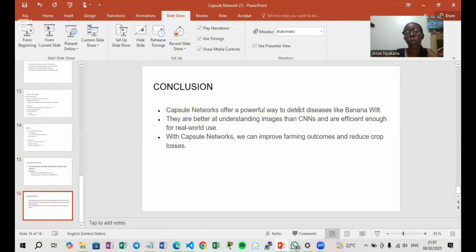It's going to properly detect that these lesions or this kind of yellowing on a leaf represents that this leaf has bacterial wilt or this sort of disease. Then they are better at understanding images than traditional convolutional neural networks and are efficient enough for real-world use.